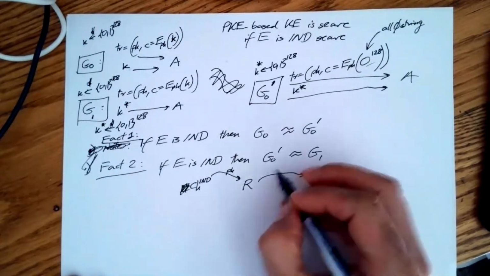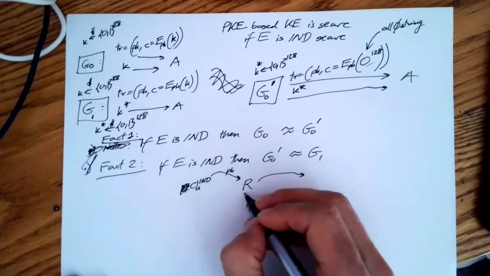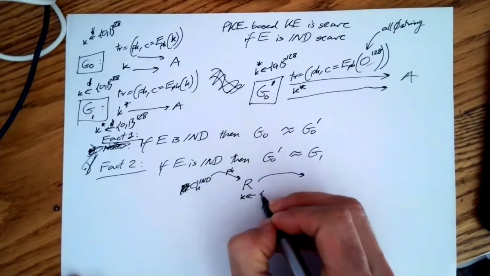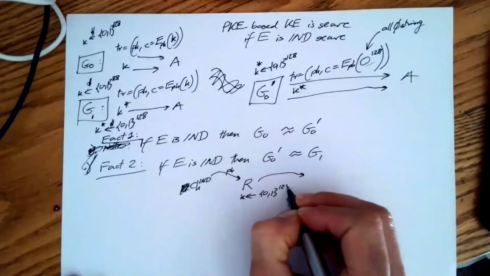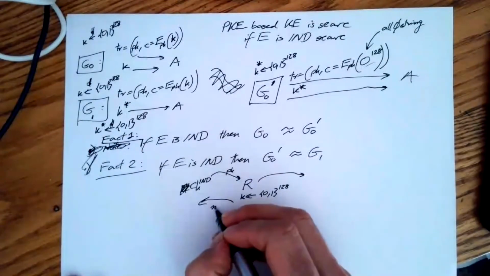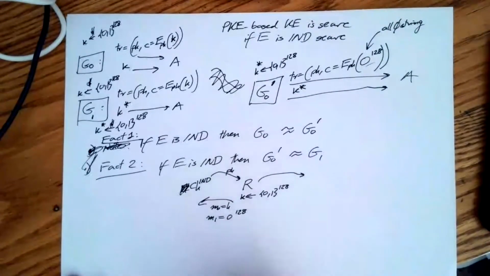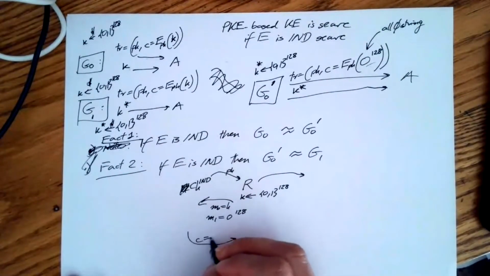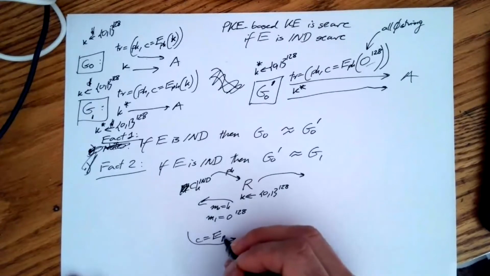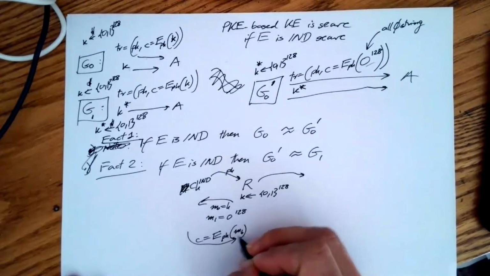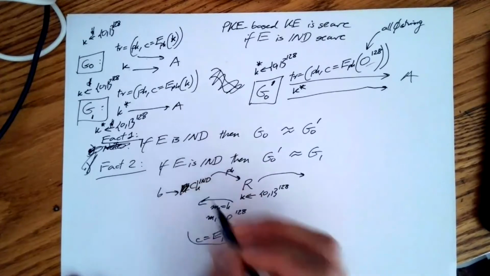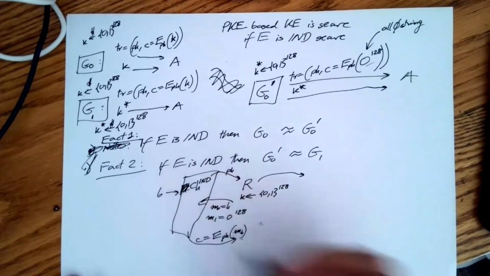The reduction chooses K at random and sends two messages, M0 the key and M1 an all-zero string. The challenger sends a ciphertext, which is an encryption of MB for the random bit B that the challenger has.